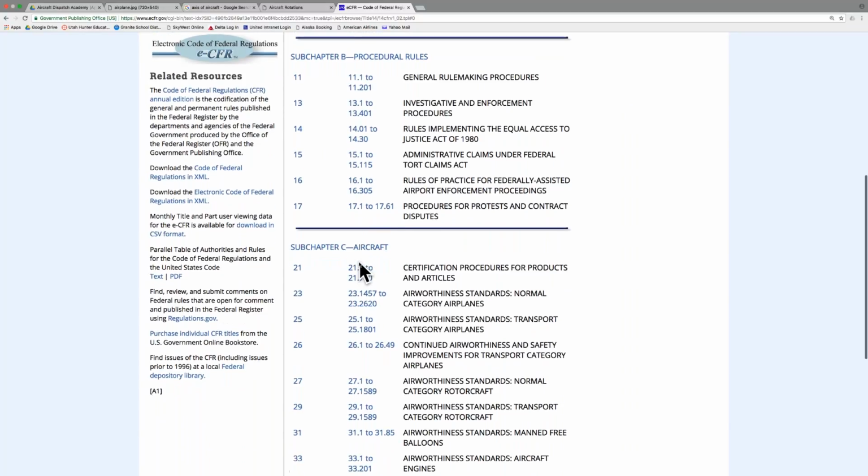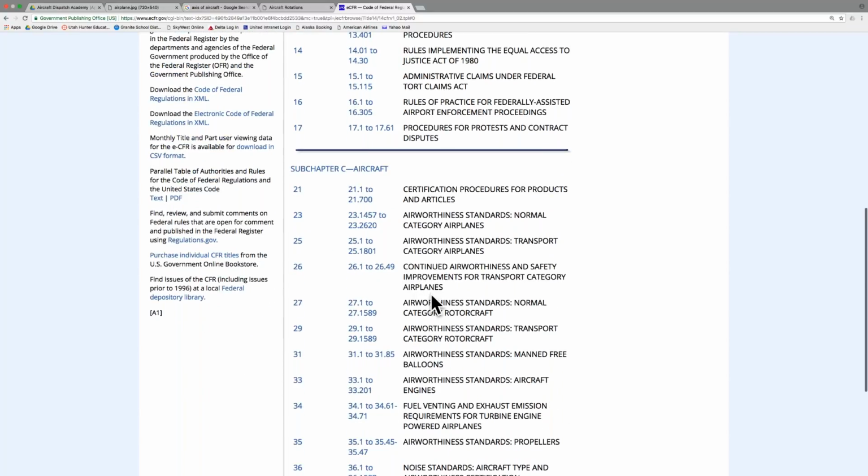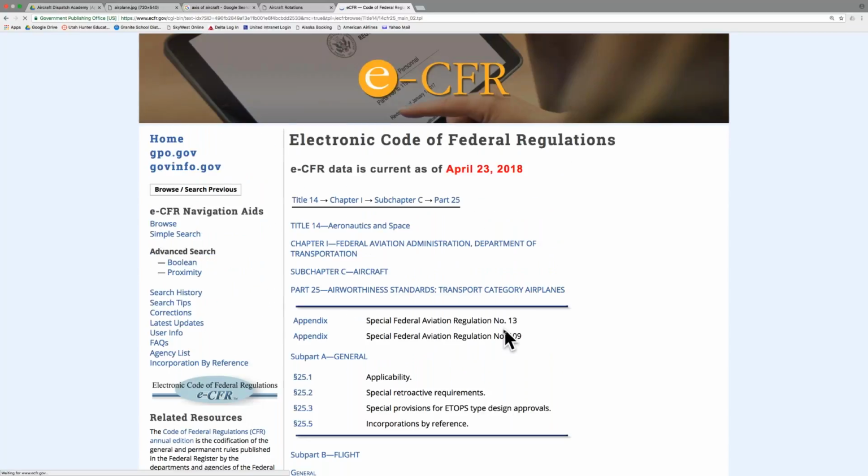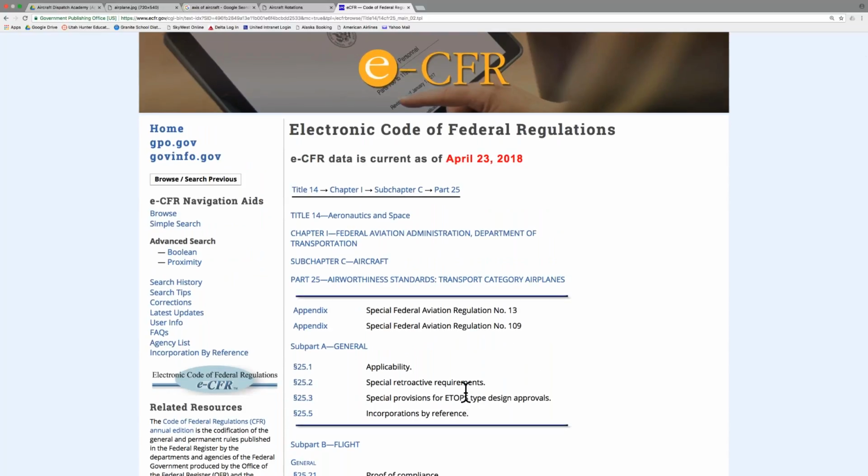We need a general understanding, but it's not really required that we have a good understanding of those different sections. So we're just going to hit some of the highlights. So this FAR 25, this section, it just talks about our airworthiness standards.